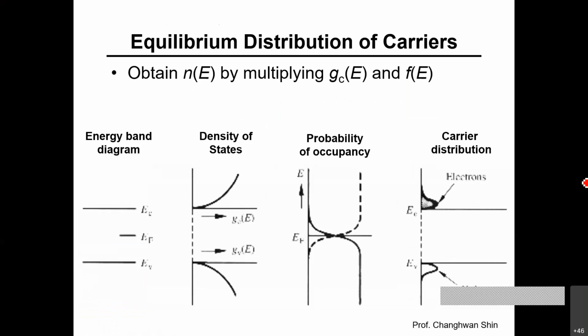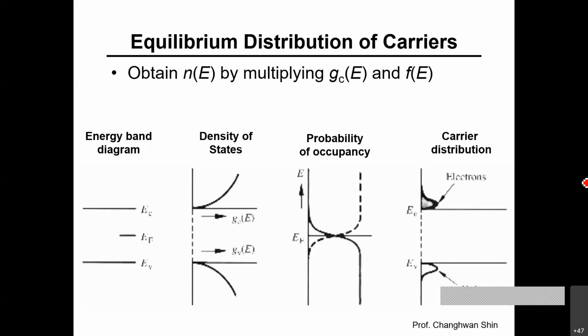In the last hour, we have learned how carriers, electrons and holes, are distributed in the conduction band and valence band with the knowledge of density of states and probability of occupancy for each energy state.